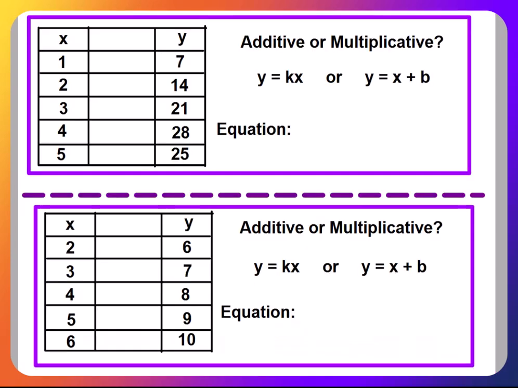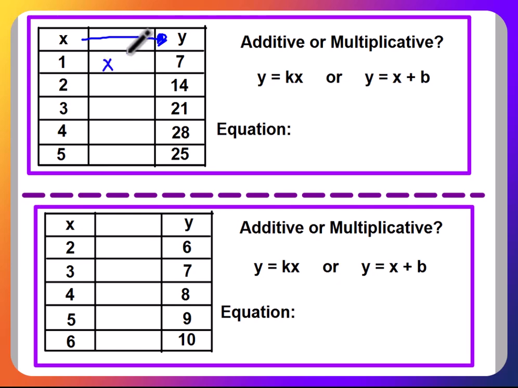So let's start with the first one, additive or multiplicative. The easiest thing to do is to look at it and say, okay, I need to turn the x into the y. I need to go from the independent and turn it into a dependent amount. What can I do to 1 to make a 7? Well, I can multiply 1 times 7, right? Does that work here? If I multiply 2 times 7, does it give me 14?